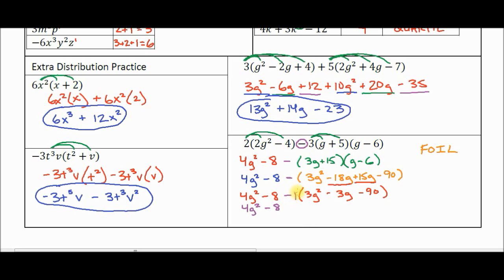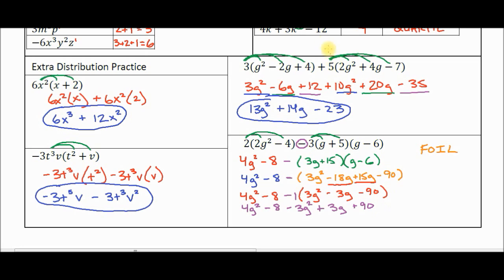We have to distribute the negative 1 to all of the terms inside of our parentheses. All negative 1 does is flip the sign. So negative 1 times 3g squared is minus 3g squared. Negative 1 times negative 3g, remember, a negative times a negative is a positive. That's positive 3g. And negative 1 times negative 90 is positive 90.